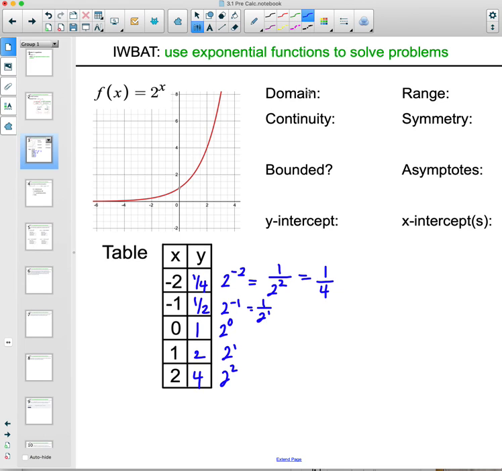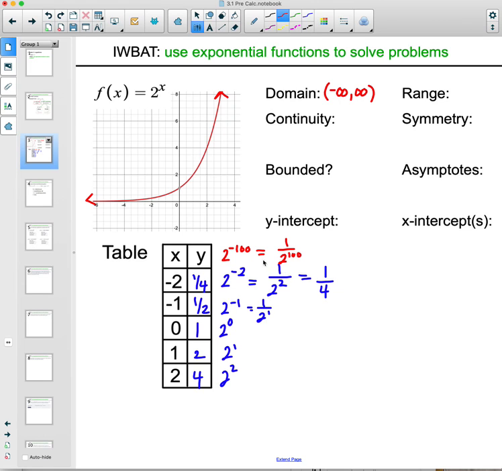So the domain on an exponential function, you can plug anything into this exponent. Any number can go here, positive, negative, 0, fractions, whatever. So the domain is -infinity to infinity, and you can see that on the graph there's an arrow going to the left and an arrow going to the right and no breaks. The range, however, gets stuck here at the x-axis because no matter how negative you plug in here, if you plug in 2 to the -100, that's just going to be 1/2 to the +100.